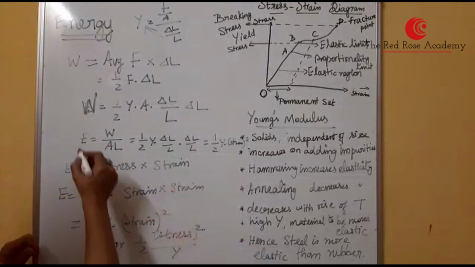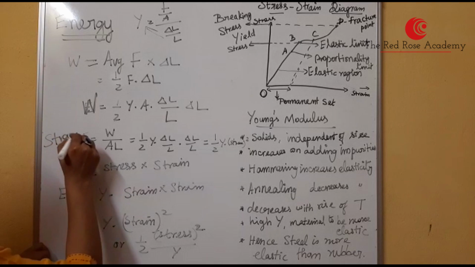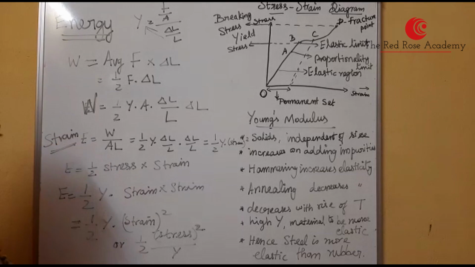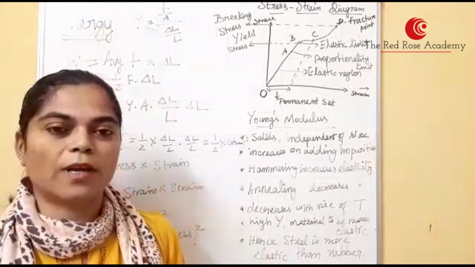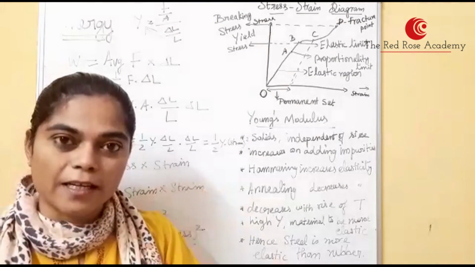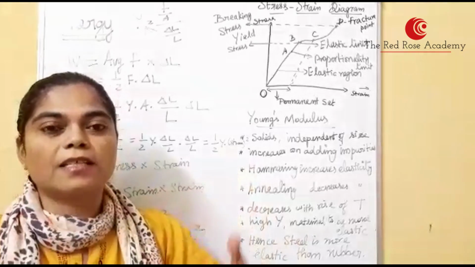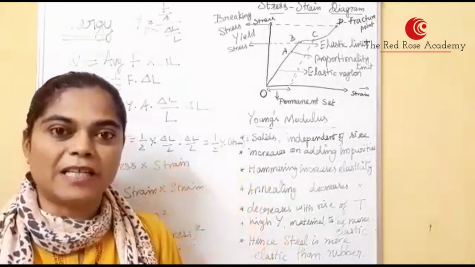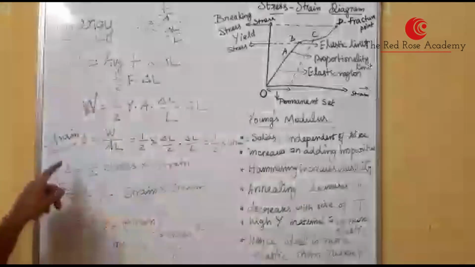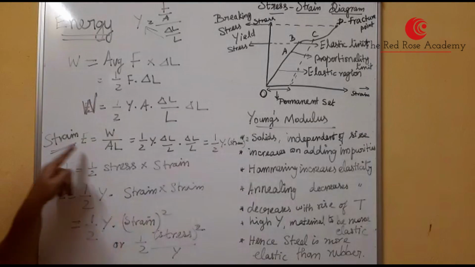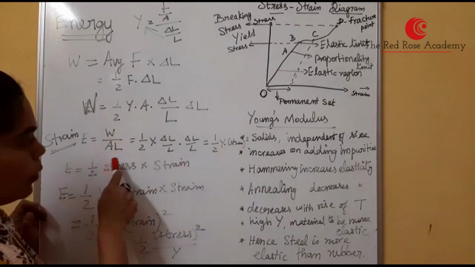If you want to calculate the strain energy, you must know that the stress is applied on the material externally, and strain energy is the energy stored, that is, the energy produced in the material due to the applied stress. So strain energy is the work done per area into length.